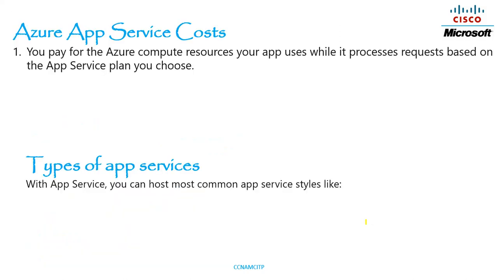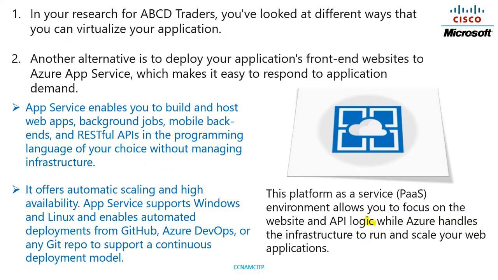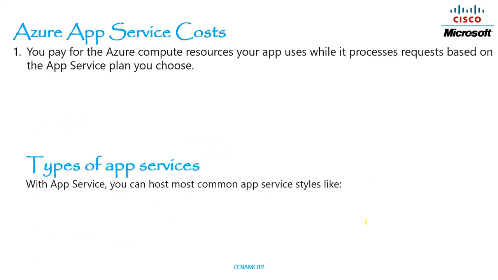So guys, here you can see, now we'll see about costing. If you are using Azure App Service, definitely you will have to pay, because it is not free all the time. So how is it calculated, how is cost applicable here?